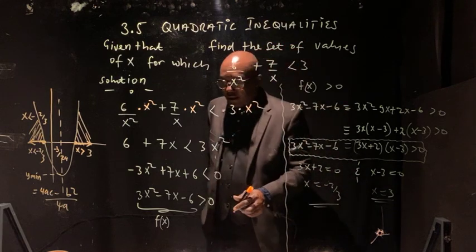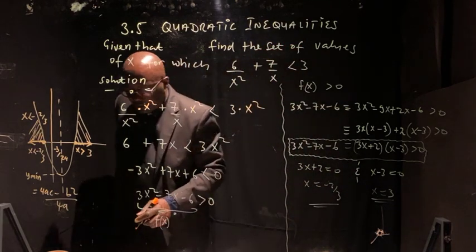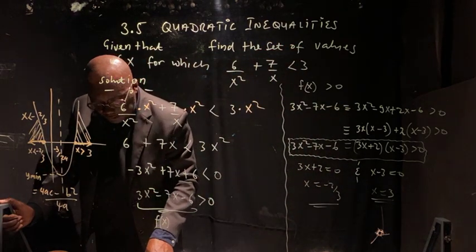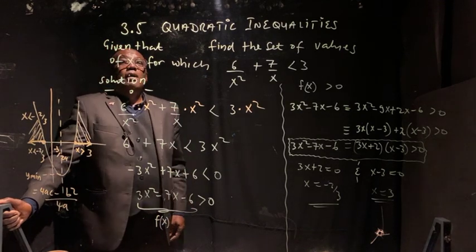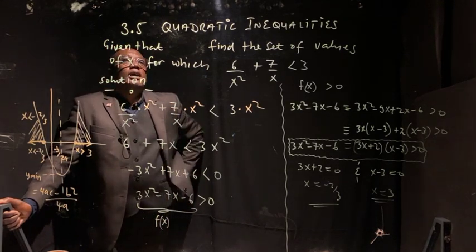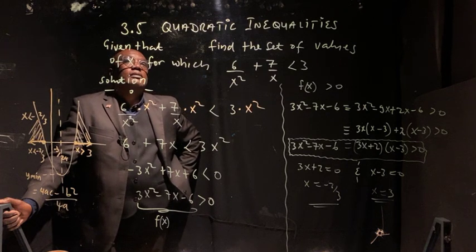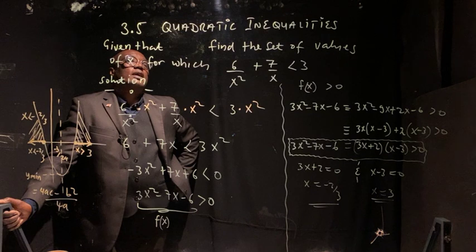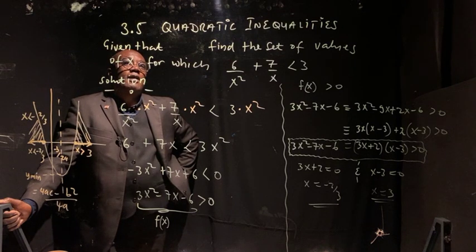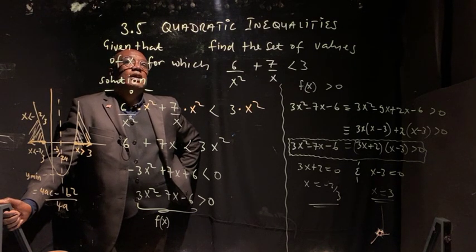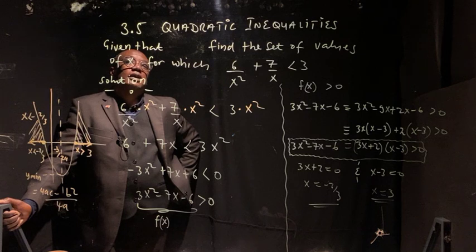Okay, let me dictate it for you because the board is completely filled up. The question says find the set of values of x for which 6 over x squared plus 7 over x is less than 3. So the answer is, write it down as I dictate.